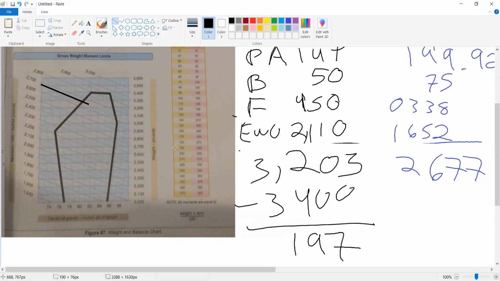Center of gravity 83.6 inches aft of the datum. So we are good. So that concludes this section. We'll continue on to the next section.